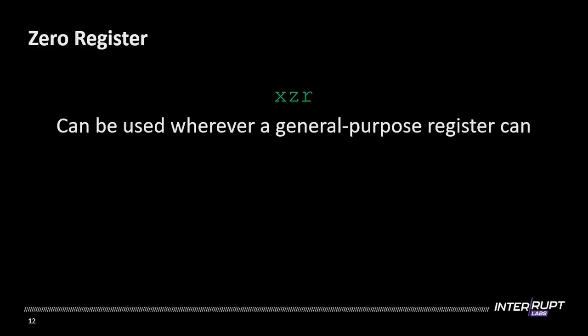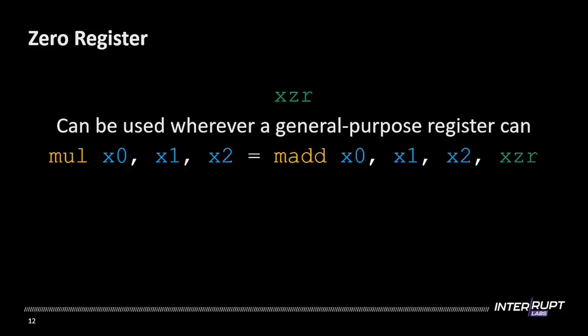This is in fact the reason why there's only 31 general purpose registers. Instructions encode a register as 5 bits, so that's 32 possible values, and one of those is reserved for the 0 register.